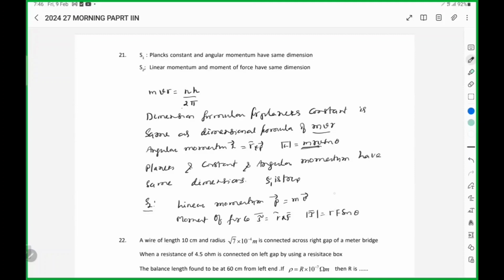The dimensional formula of torque is force, MLT power minus 2, into L, which is ML square T power minus 2. So the final conclusion is this one is true and S2 is not.